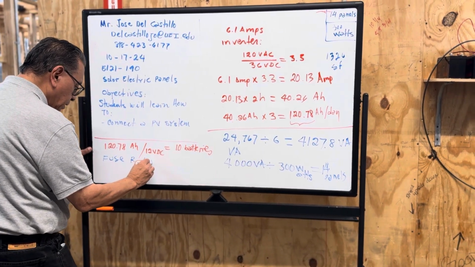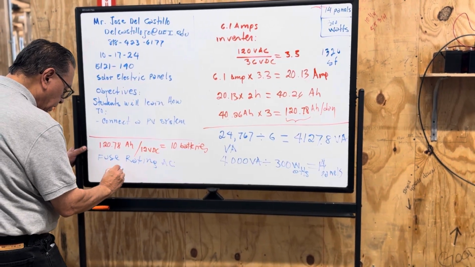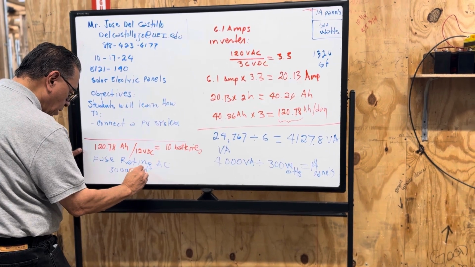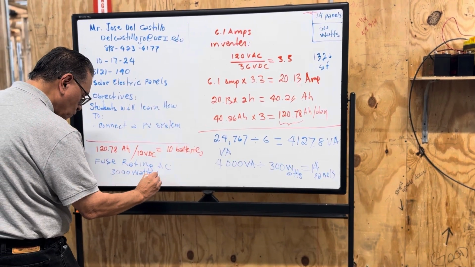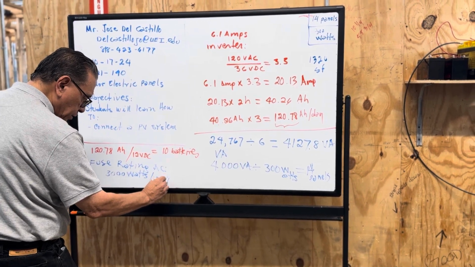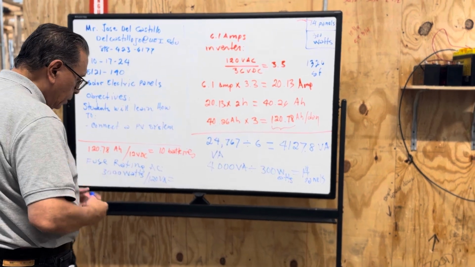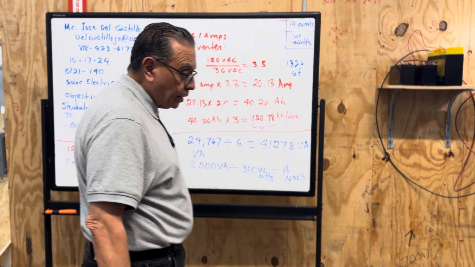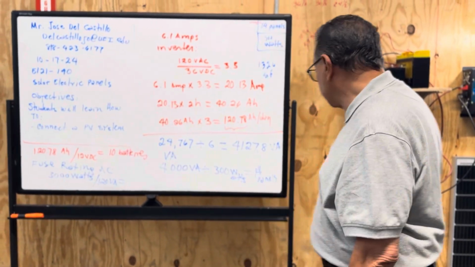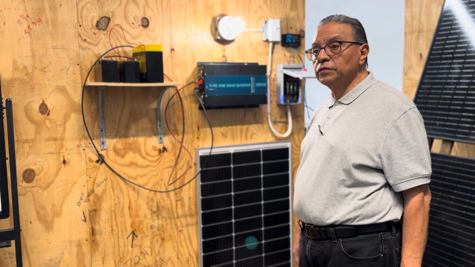Also, okay, the fuse rating AC is 3,000 watts divided by 120 volts AC. I don't have a calculator, but it should be around 25 amperes, which is the rating of the fuse that I have here.